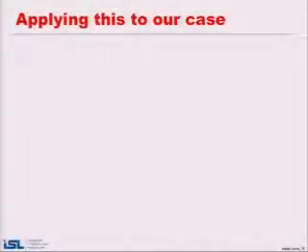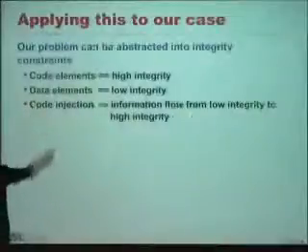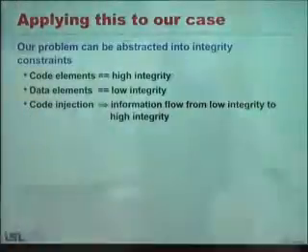So how could we apply this to our case? We said we don't want any code elements in our foreign syntax, whatever these code elements may be, to be defined by data elements. This can be abstracted into an information flow policy. By defining the code elements to be of high integrity, I think this is a requirement that everybody could agree to.